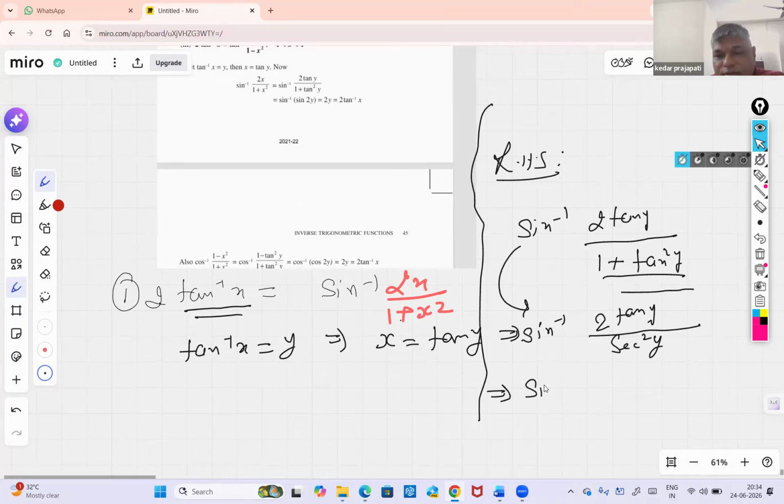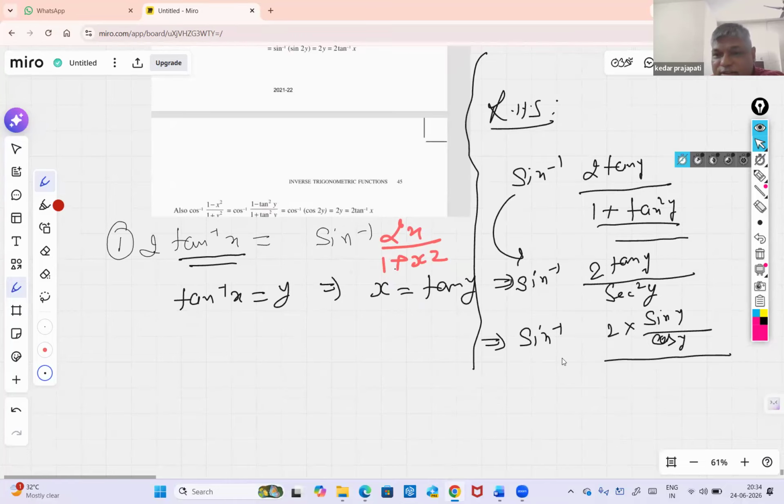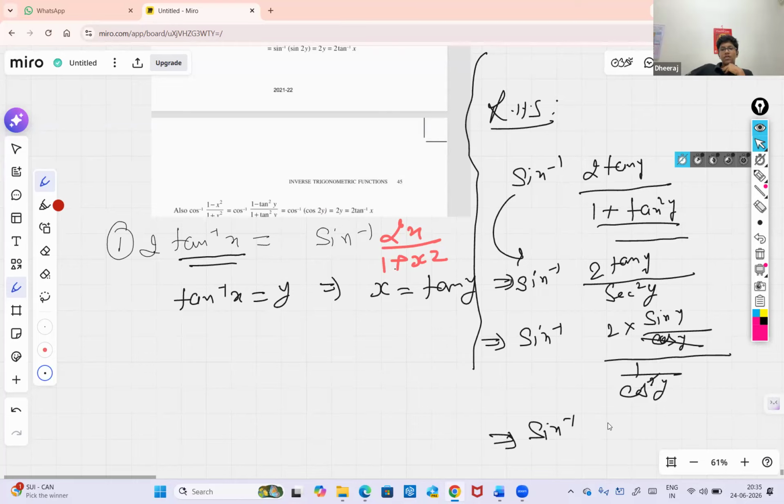What will come here? Sine inverse of 2 into sine y by cos y, divided by 1 by cos square y. Correct? Now this cos y and this square is done. So what is remaining now? Sine inverse of 2 sin y cos y.